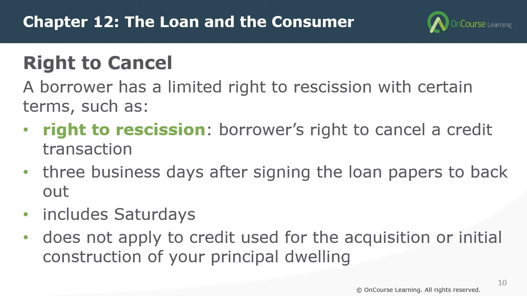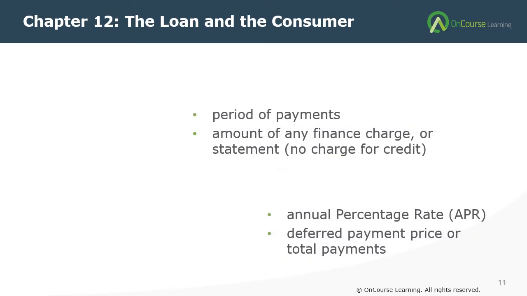And the reason why this right of rescission is included is that it protects homeowners from certain unscrupulous home improvement and appliance salespeople. So it gives them a chance to back out of those sorts of transactions.